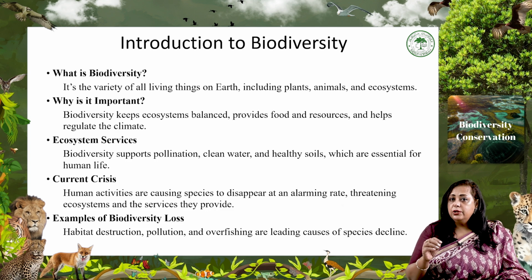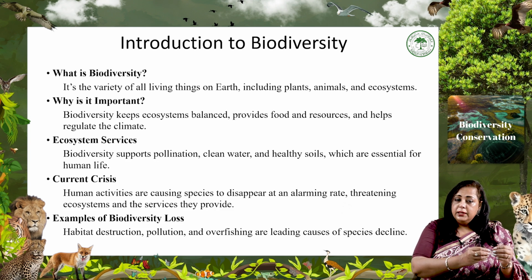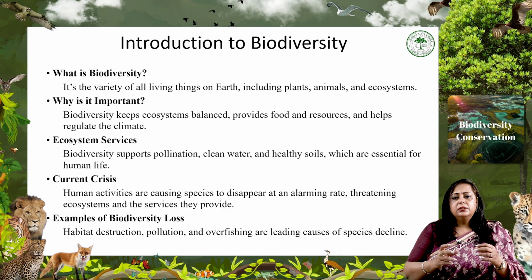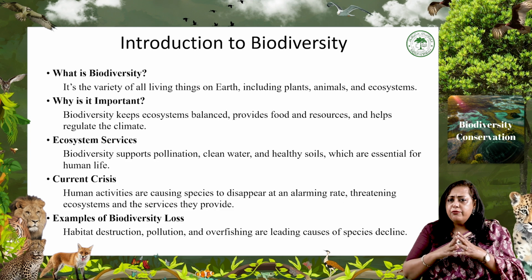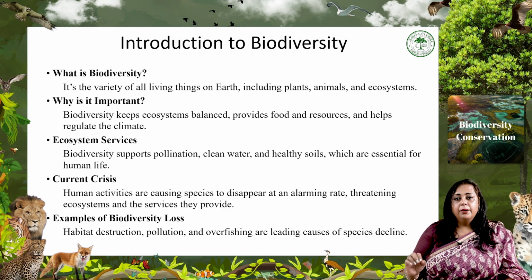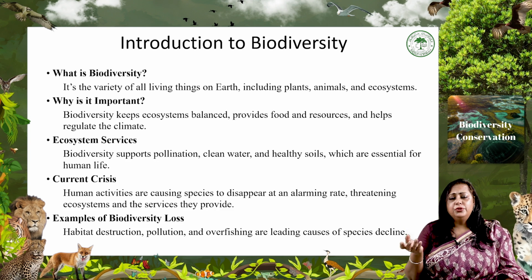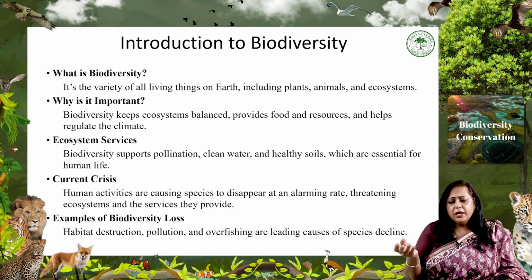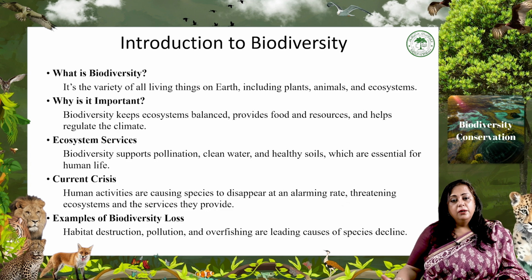Whatever is growing in your kitchen garden, whether it is coriander, papaya, lettuce, all of that comes under biodiversity. Every living thing existing on the earth is biodiversity, and it is important because we are totally dependent on it, whether it's food, clothes, or houses, everything we take from nature. Whatever is growing, we are using in different forms.